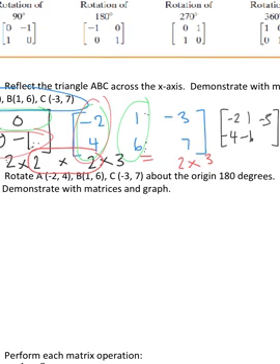And 0 times negative 3 plus 7 times negative 1 is negative 7. So my new coordinates are A prime is right here, negative 2, negative 4. B prime, I ran out of room, is 1, negative 6. And then write the coordinates for C prime is negative 3, negative 7.